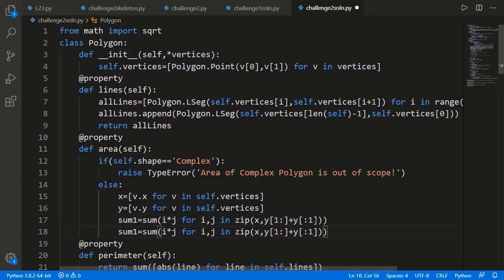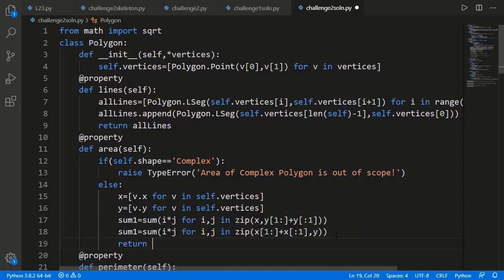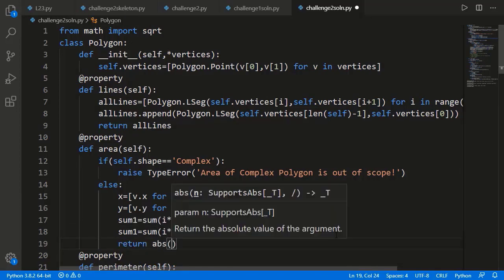Similarly, we should have the second summation. And finally the return statement.